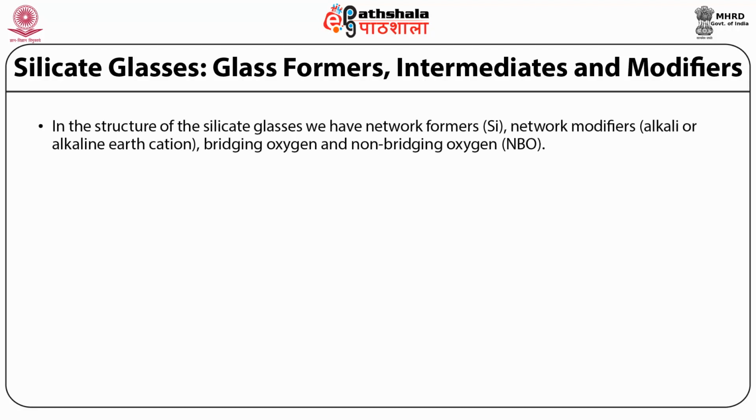In the structure of the silicate glasses, we have seen the network formers, that is Si, and network modifiers, that are alkali or alkaline earth cations. We have seen the bridging oxygen and non-bridging oxygen, which is known as NBO.